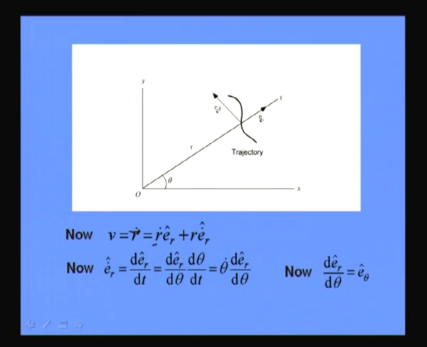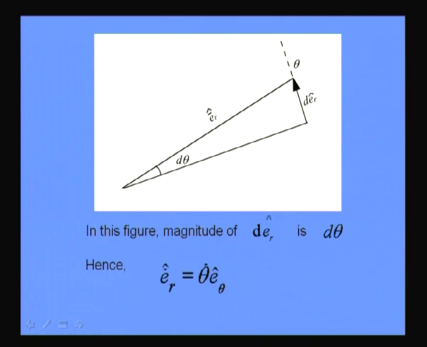This point can be explained here. Now, supposing you have a unit vector Er here, and after a rotation of delta theta, the unit vector goes to the next position. The difference is given by delta Er. In the limit, if delta theta is very small, this can be written as d Er only.